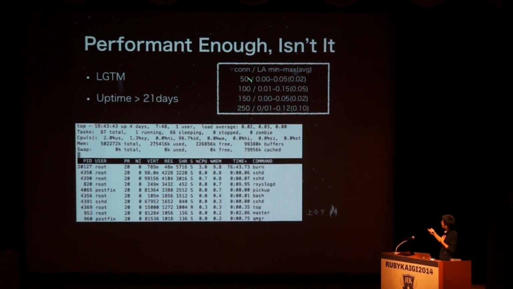So connections, the number of connections, means the number of Telnet clients. I only tested up to 250, but even with 250 clients on the Telnet server, the load average is a maximum of 0.12, which is really good. So I don't know whether it's scalable or not, but for personal use, it's good enough.